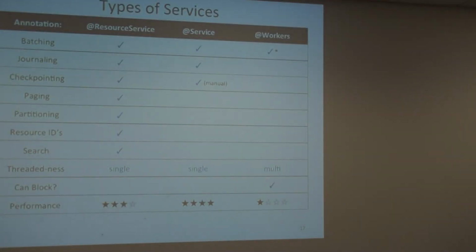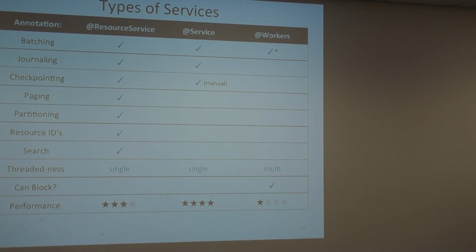So for a resource service, you get a lot of magic behind the scenes. It's single-threaded. You get the ability to search. You get automatic partitioning. You get paging. You get checkpointing. You get journaling. You get batching. You get everything.